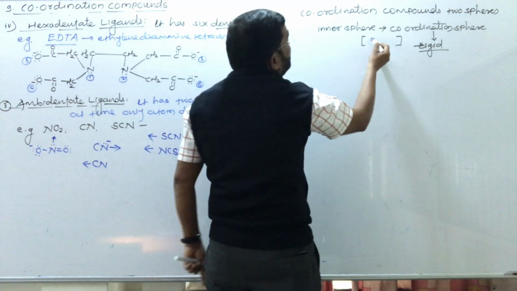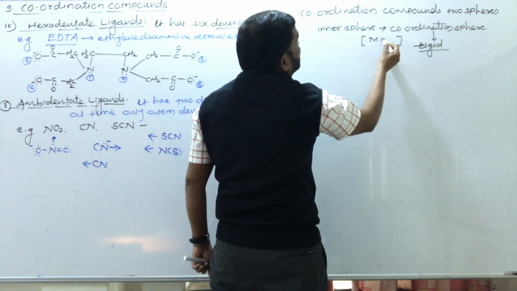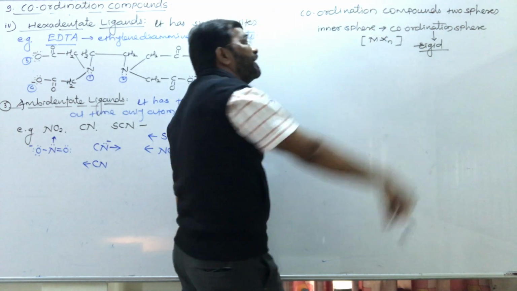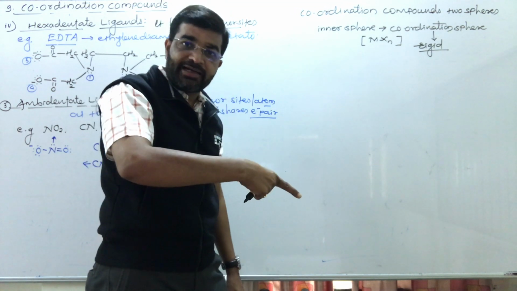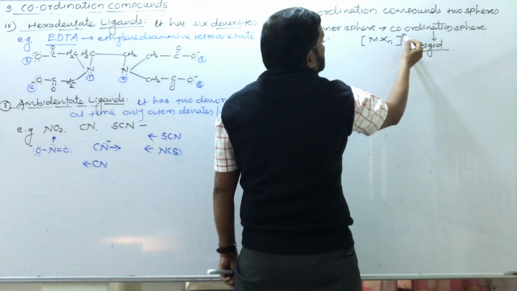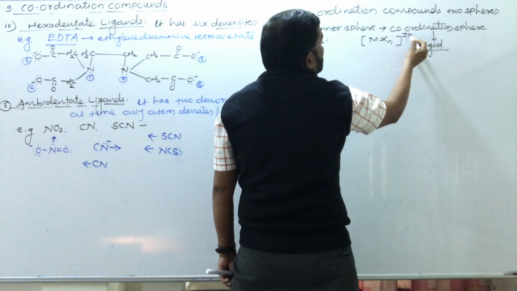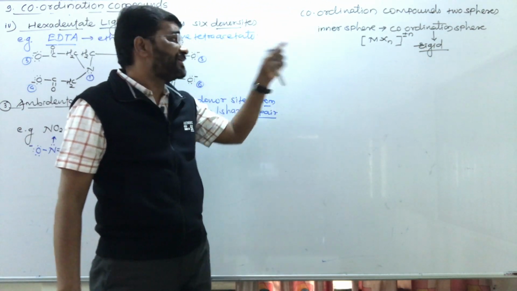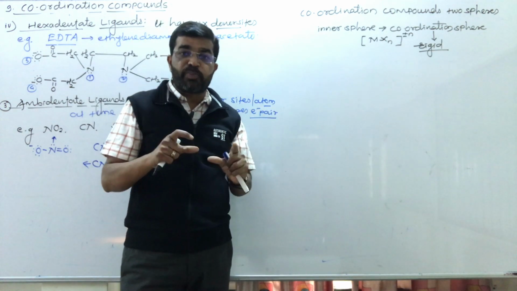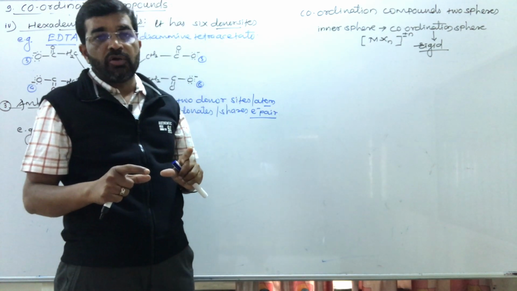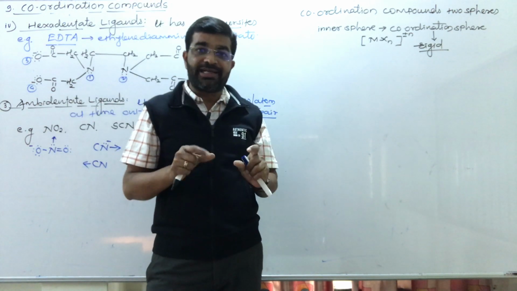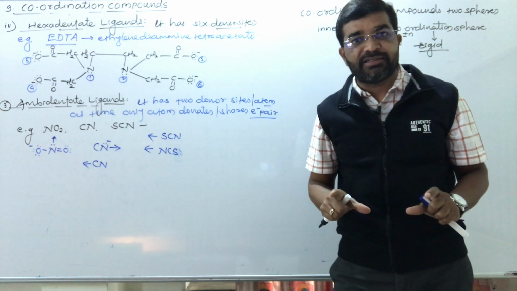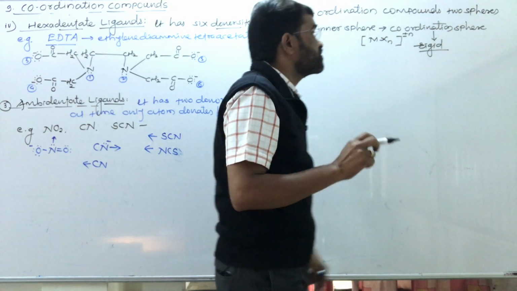The metal atom or ion is attached to n ligands, and n charge is present, plus or minus. In this way it is represented. The coordination sphere is strong and rigid, and it does not undergo ionization.